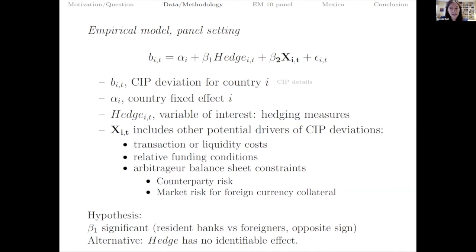And then the vector of variables X is going to include these other candidates for what would lead to a non-zero CIP deviation. I'll talk through the arbitrage or balance sheet constraints, because that speaks to the regulatory question, the unintended consequences of the post-global financial crisis regulations.